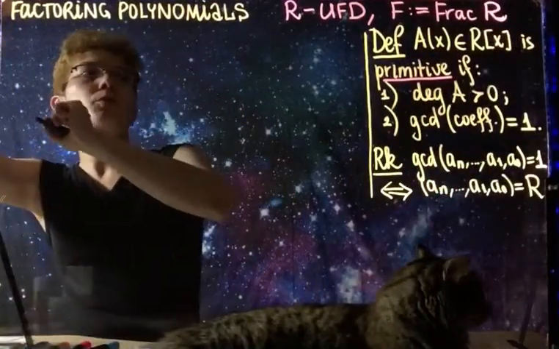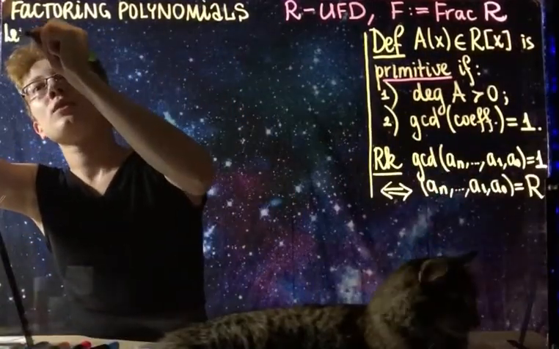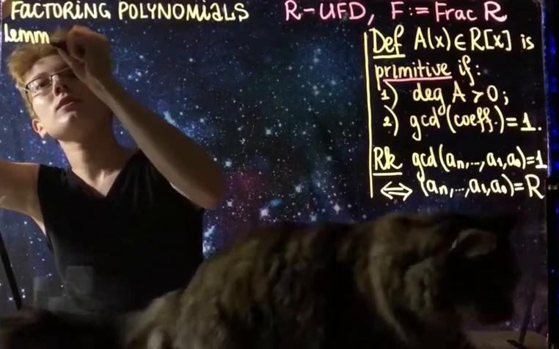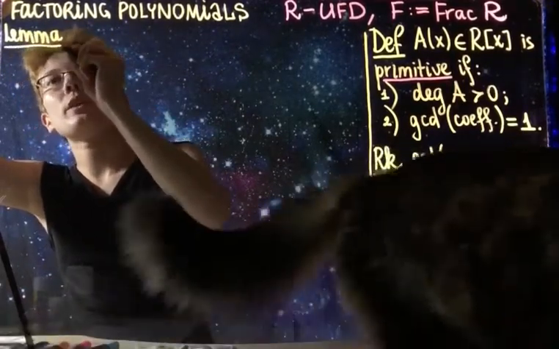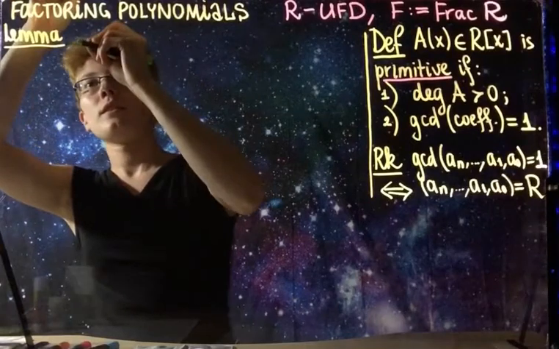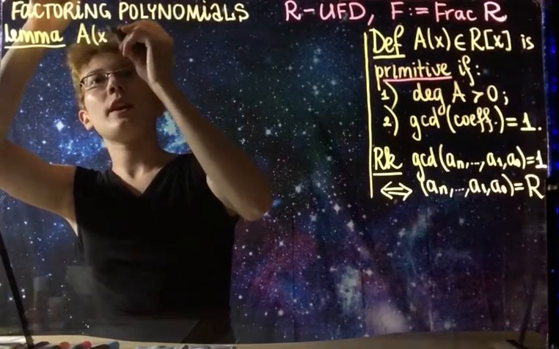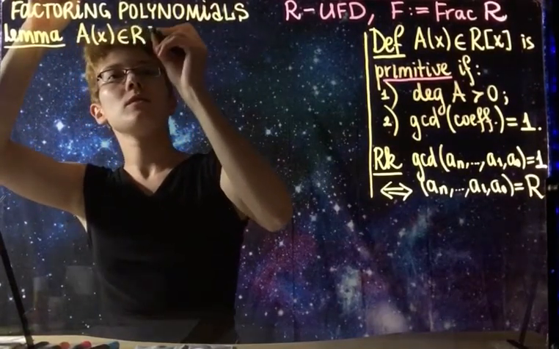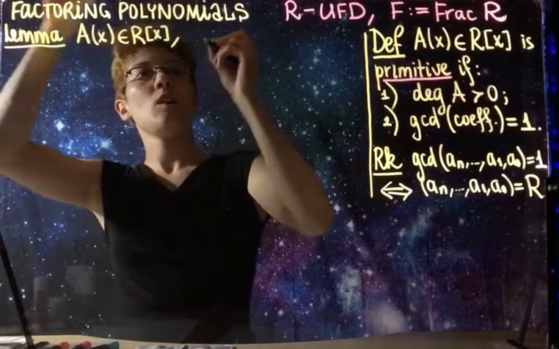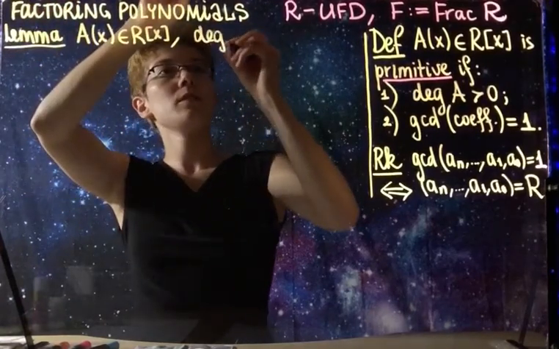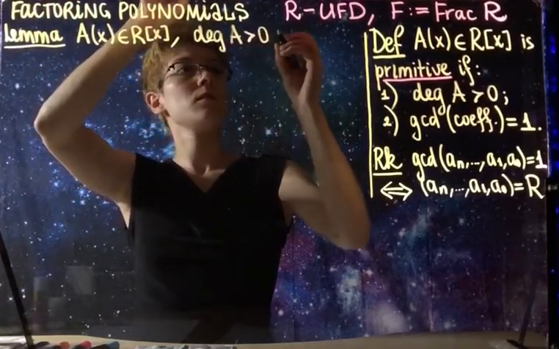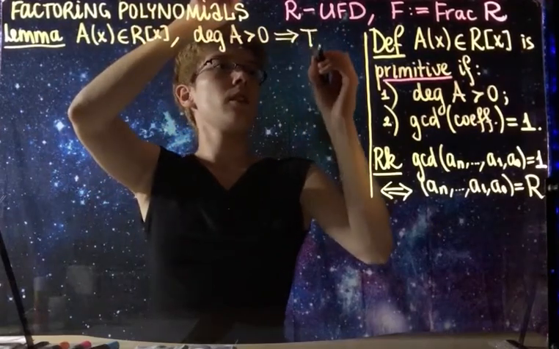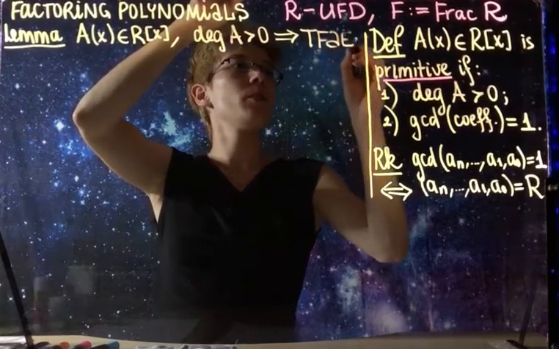Now I would like to formulate, you could call it the opposite of the previous lemma. So let's take a polynomial A of positive degree. Then the following are equivalent.